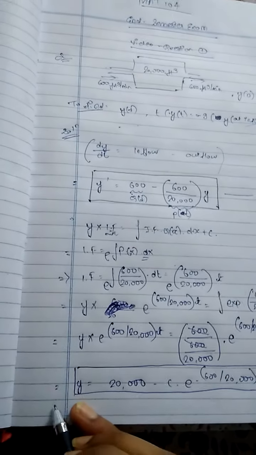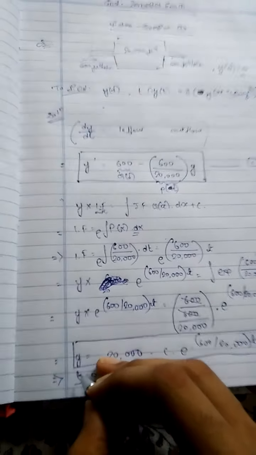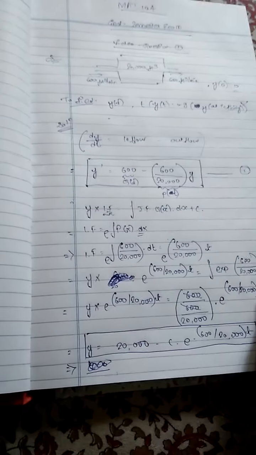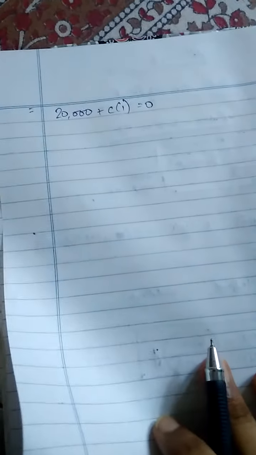So putting t equal to 0 on my next page, the reason I am doing this is because the exponent contains a factor of t as well.